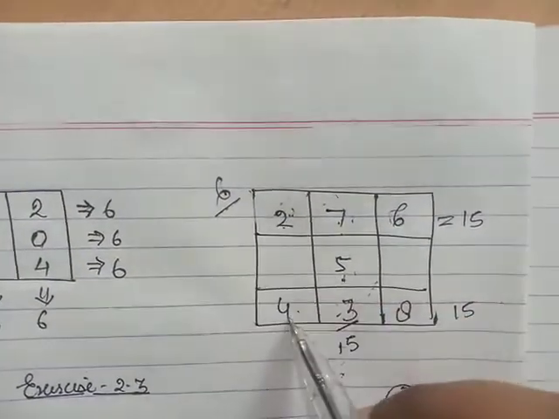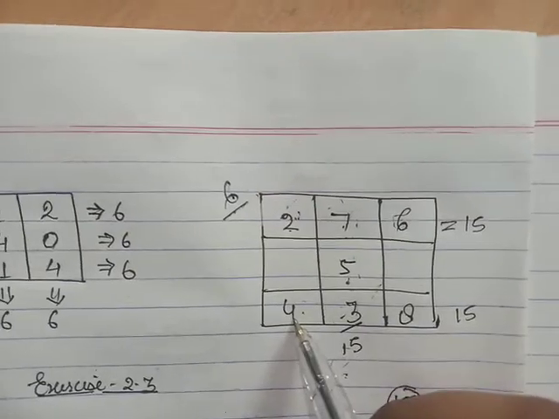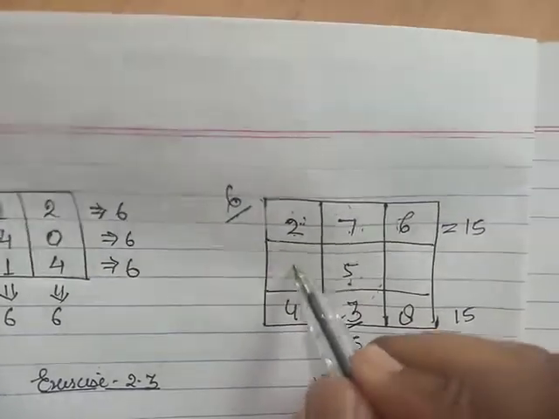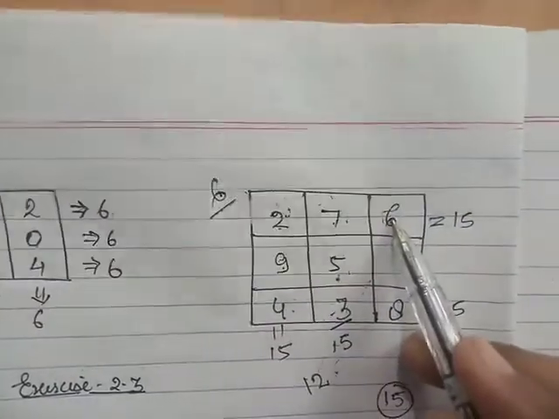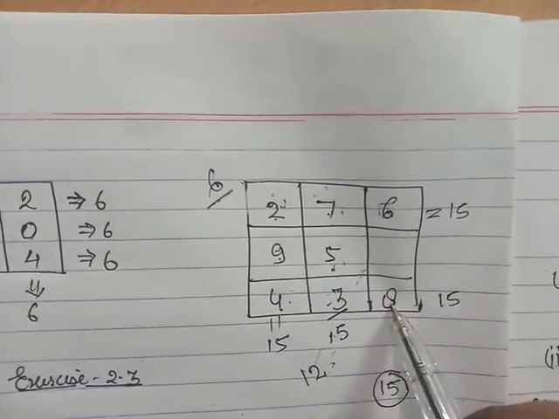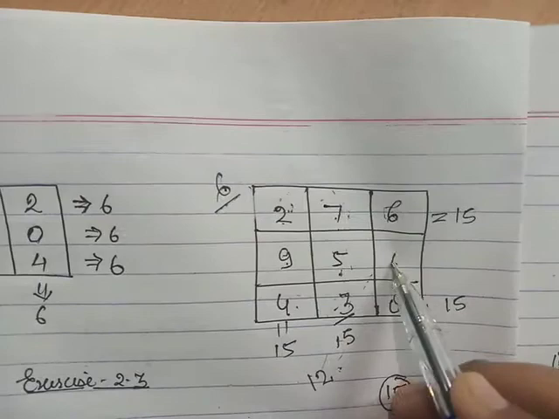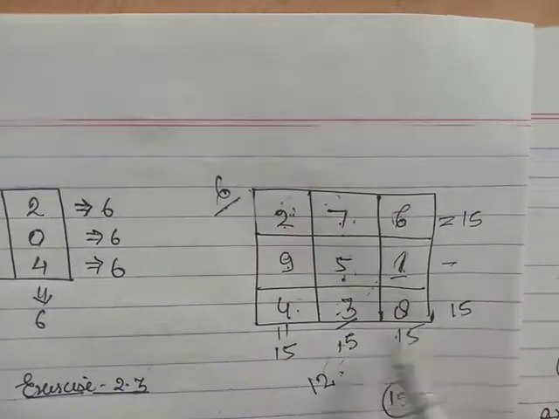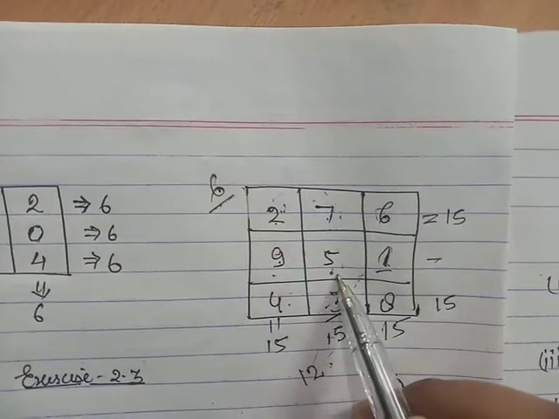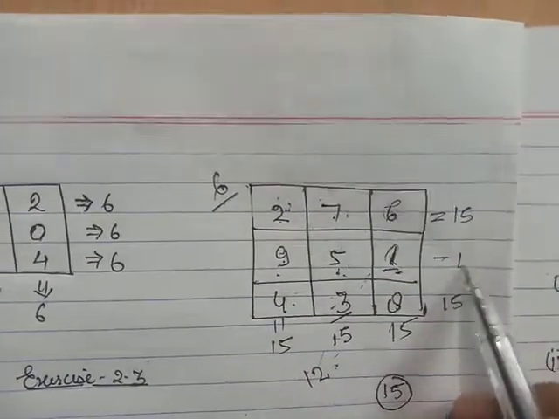Now 4 plus 2 is 6, 6 plus 9, that will also be 15. And here it is 6 plus 8 is 14, plus 1, that will also be 15, and this one is 9 plus 5 is 14, plus 1 is 15.